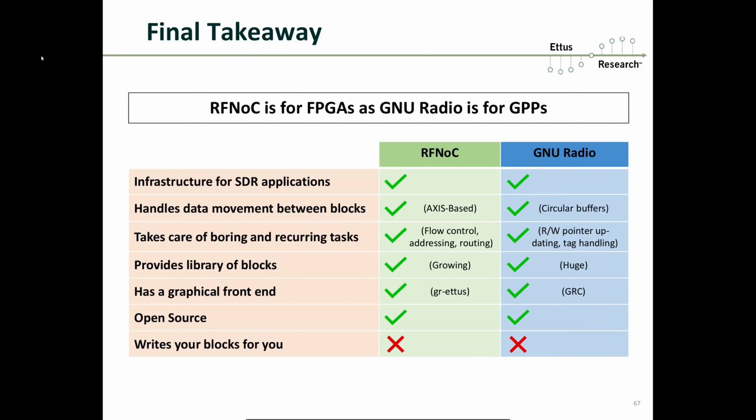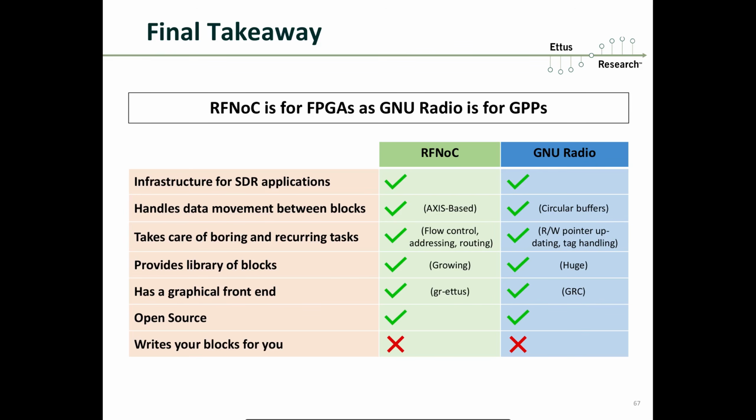Okay, so that concludes our workshop here on rfnoc 4. As a final takeaway, I'd like to say that rfnoc is for FPGAs as GNU Radio is for general purpose processors. They're both infrastructures for SDR applications.